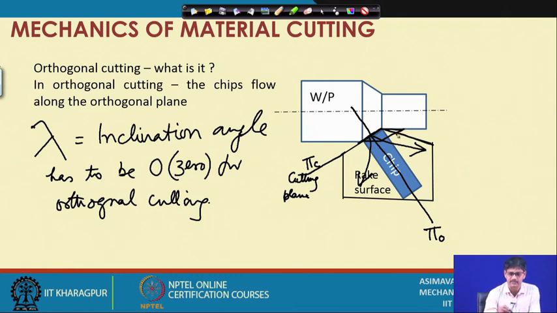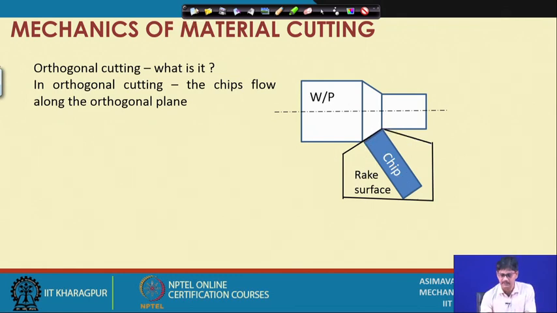The chips emanating from the auxiliary edge will have a chip velocity in this direction, while the component of velocity from the main cutting edge might be higher, but they will combinedly define a particular direction of resultant chip flow. Therefore, this is another possibility of deviation of the chip from the orthogonal plane.